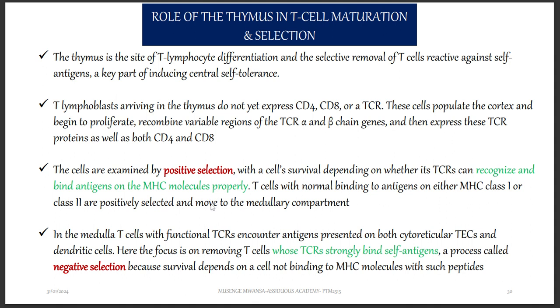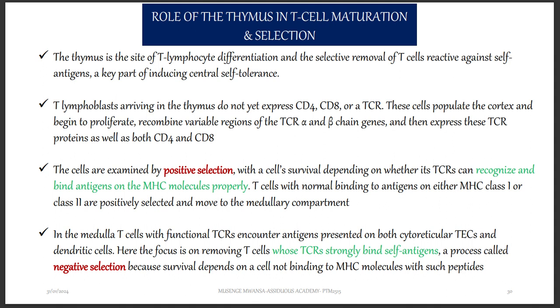Okay, very important. Now, in the medulla, T cells with functional T cell receptors will encounter antigens. Antigens are just proteins which belong to our bodies. When they encounter these antigens, if the T cell receptors bind self antigens, what we mean is that this cell is holding the proteins which belong to our bodies and destroying them.